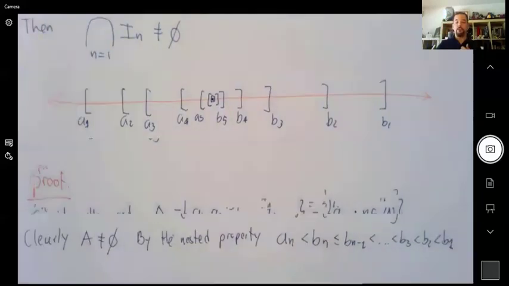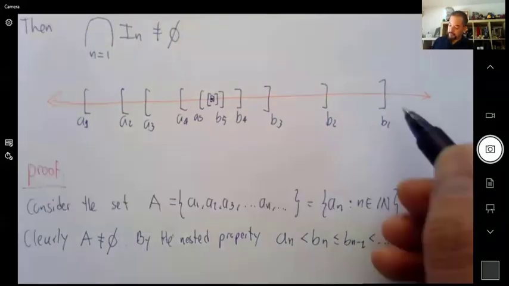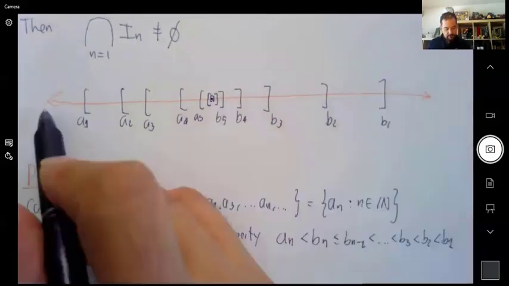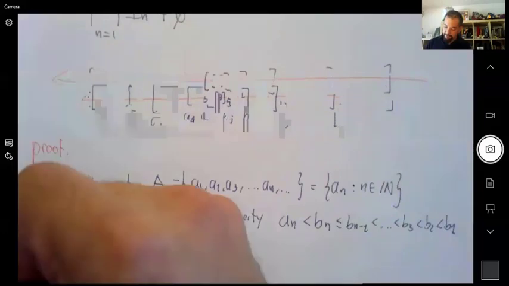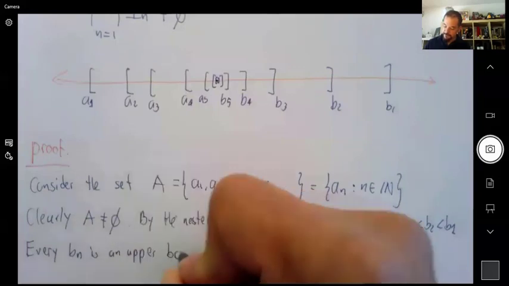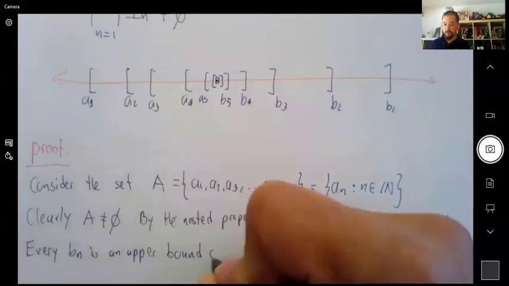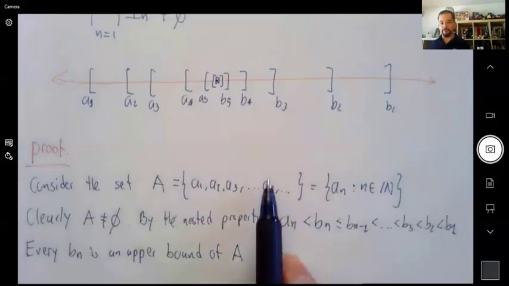In other words, the point that I'm trying to make here is that the A's are smaller than all the B's, right? Look at the picture here. All of the B's are to the right of all of the A's. So by the nested property, every B_n is an upper bound of capital A. So every one of the B's is to the right of these A's over here.